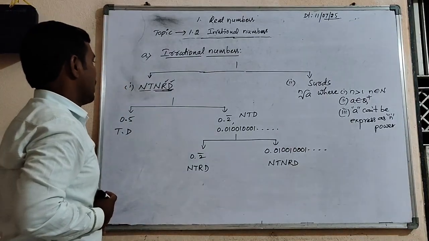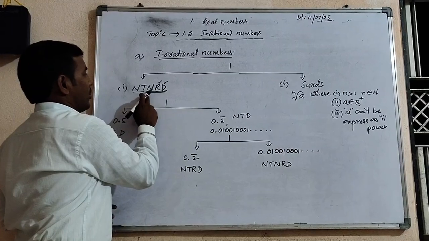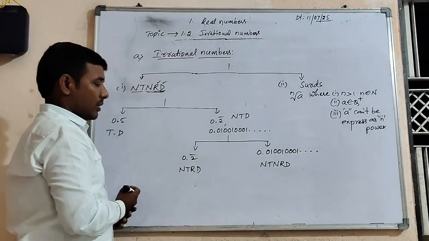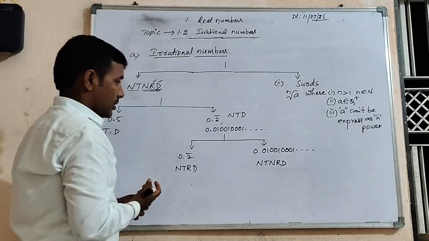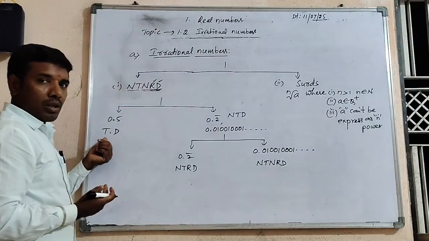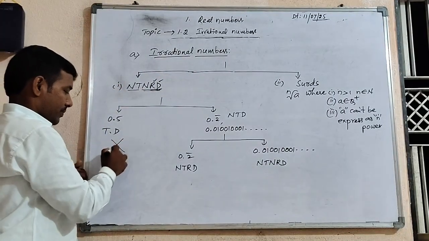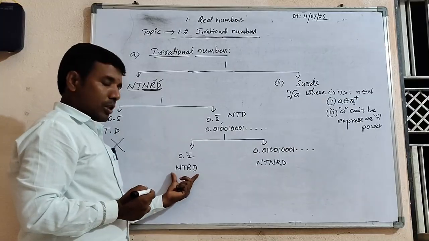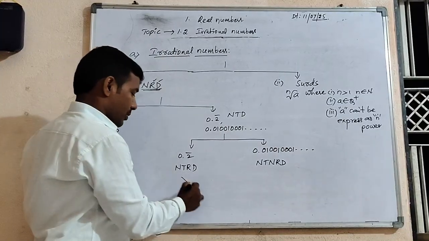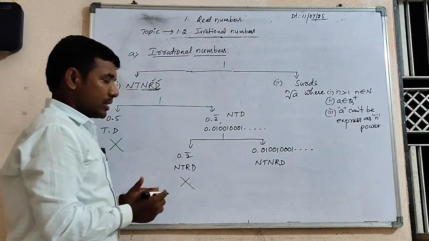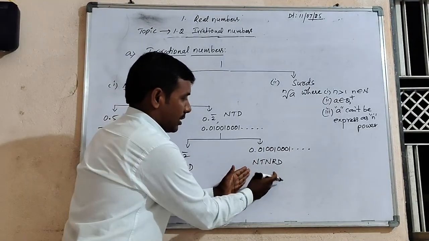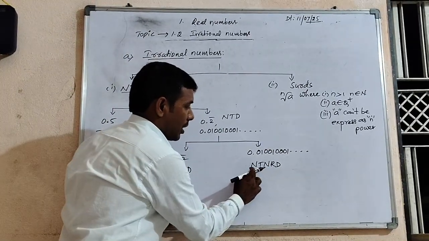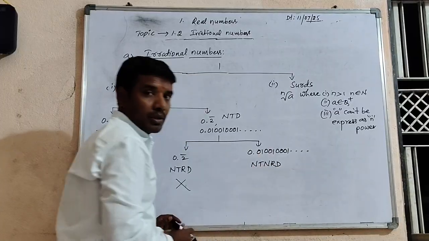We are expecting non-terminating, non-repeating decimals. Where are they? Is it non-terminating, non-repeating decimal? No. Is it non-terminating, non-repeating decimal? No. In a sense, our concept here is the best example for non-terminating, non-repeating decimal.